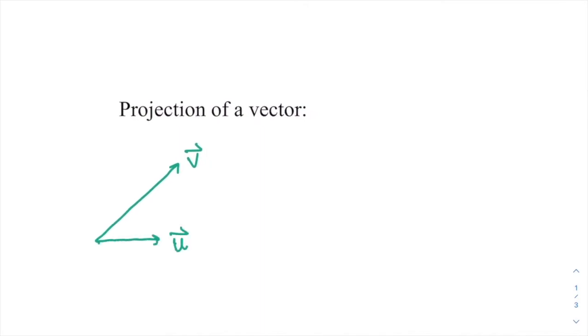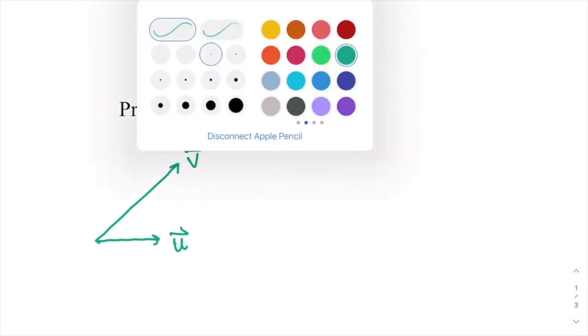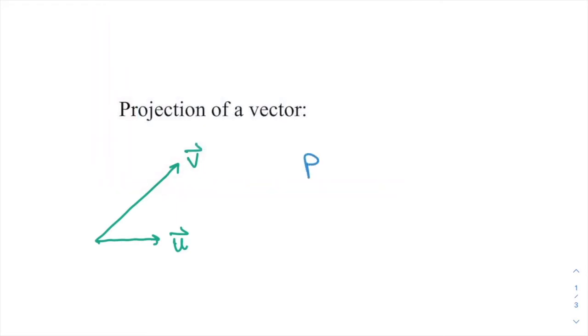Then the notation for it is the projection of u onto v, and that would be how much of the u vector is in the direction of v.